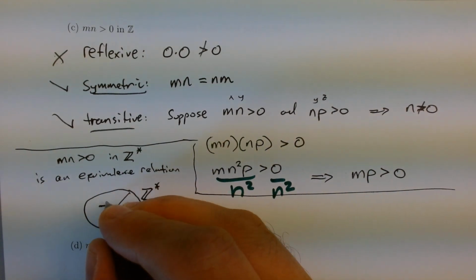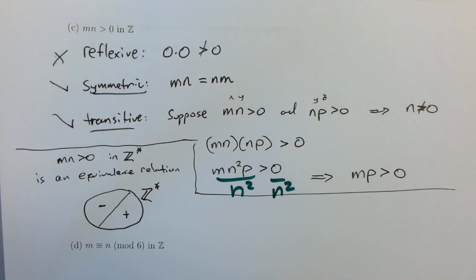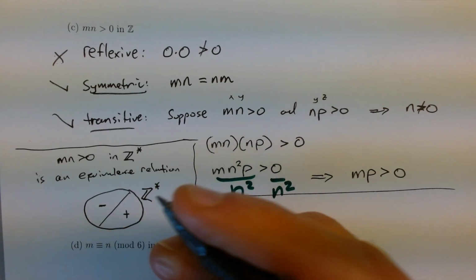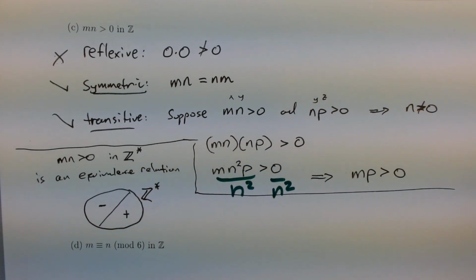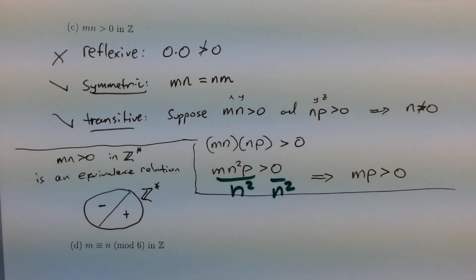The negative integers are all related to each other, because if you multiply two negative numbers together, you get something positive. All the positive numbers are related to each other, because if you multiply any two positive numbers, you get something positive. But none of these are related to each other. And I took 0 out already, so 0 doesn't appear here anyway.